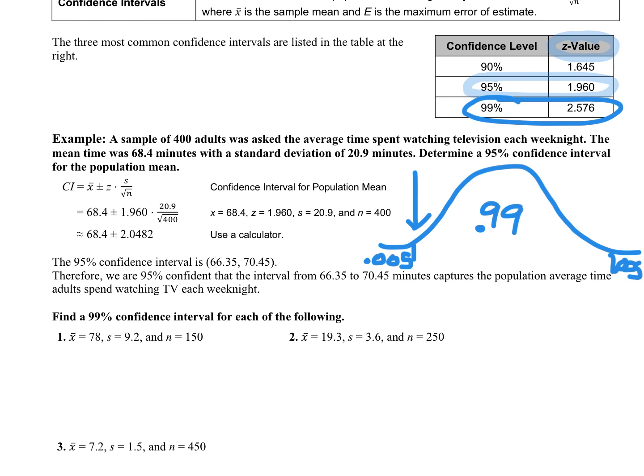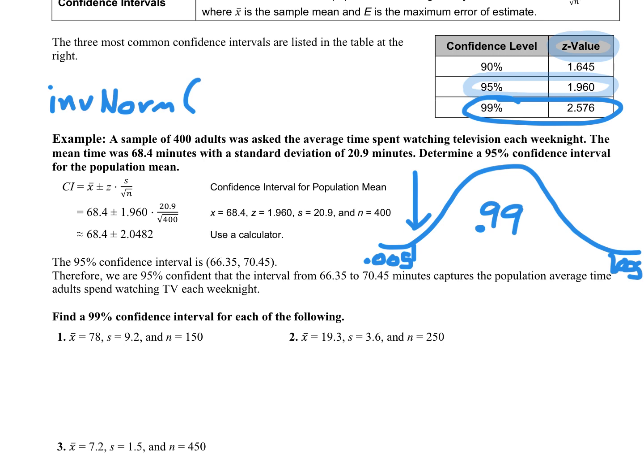All right, so what you can do is go to 2nd Vars on your calculator and go to where it says invNorm. Normal CDF is used to find the area under the curve, either to the left or to the right or in between some z values. If you already know the area and you want the z value, you use invNorm. There are 2 ways you can do this.